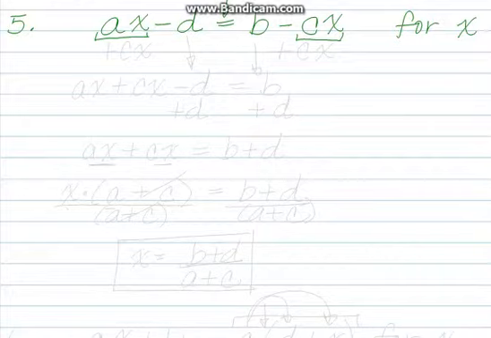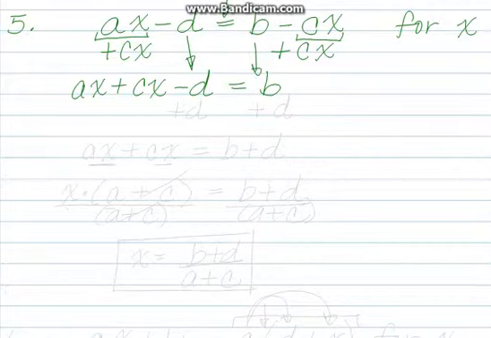Instead we'll want to try and put our terms on the same side of the equation so we could then factor it out. So I'm going to try and move the CX over to the other side of the equation. So I will plus CX and plus CX. That gets me AX plus CX minus D is equal to B. So the stuff just follows down.